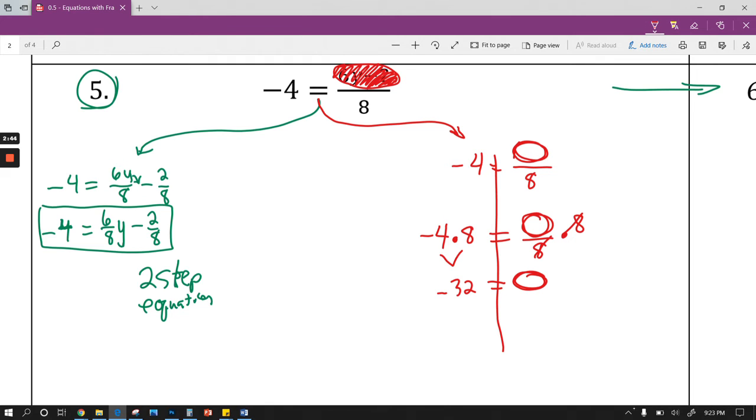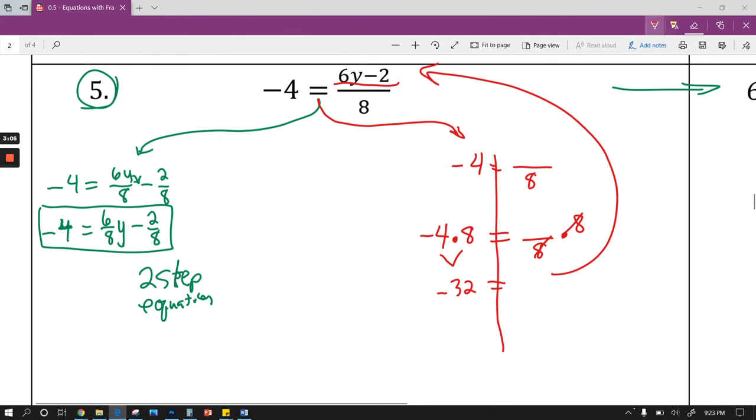Anything times 1 is just itself. So we have -32 equals that big red blob. But if we remember back here, that red blob wasn't always a red blob. We know that that red blob is actually 6y minus 2. So wherever that big red blob was, we're going to put in that 6y minus 2.